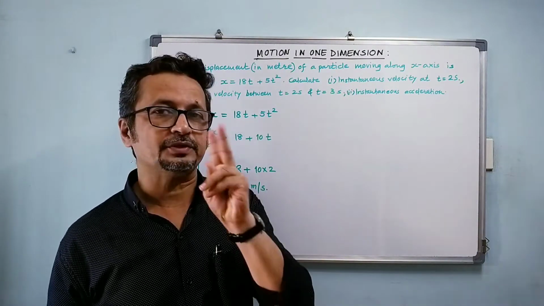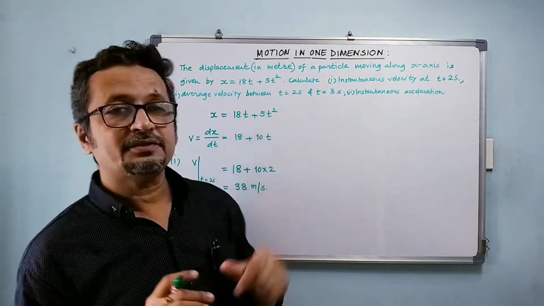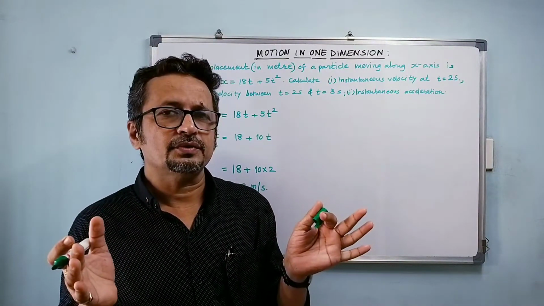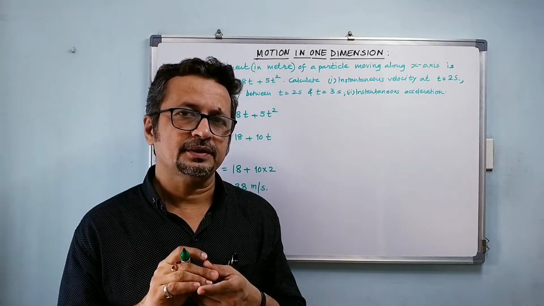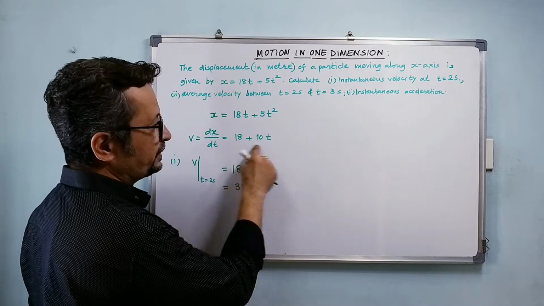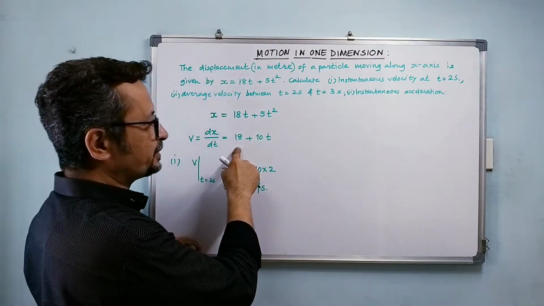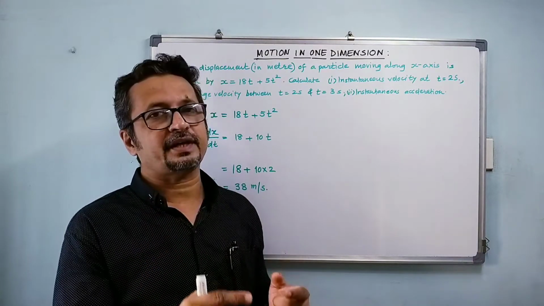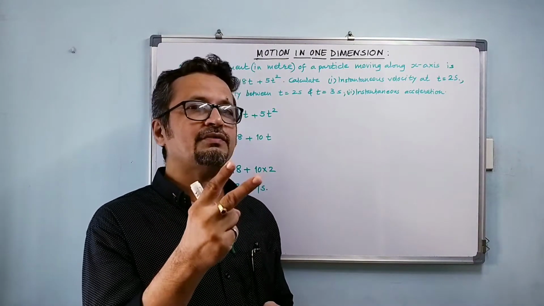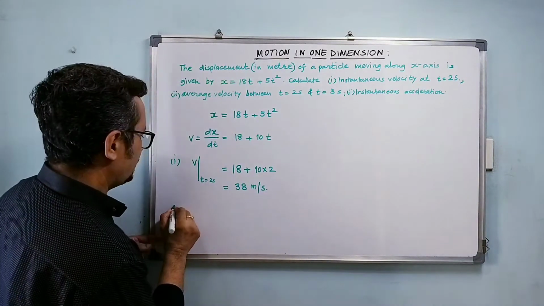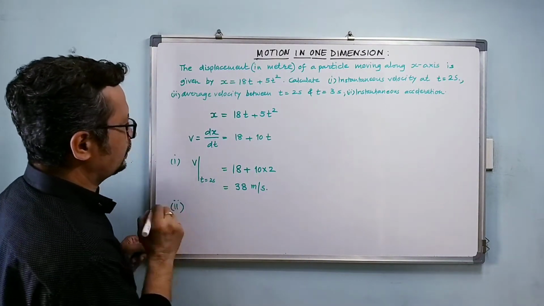Now let us go to the second part, average velocity between t equals 2 and 3 seconds. For average velocity, what should we do? There are two ways of doing it. I already have my expression for velocity, so in this expression I'll put t equals 2 seconds and t equals 3 seconds, get both the velocities and then take the average.